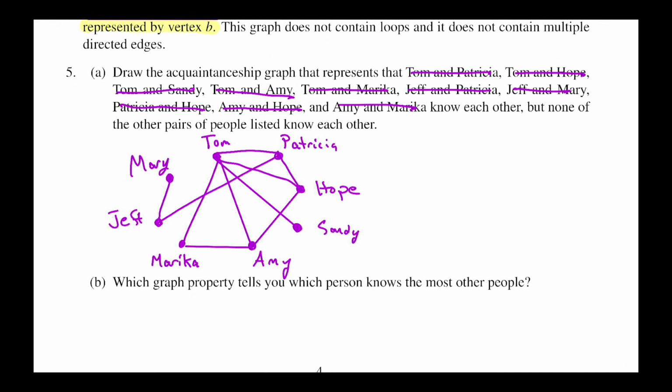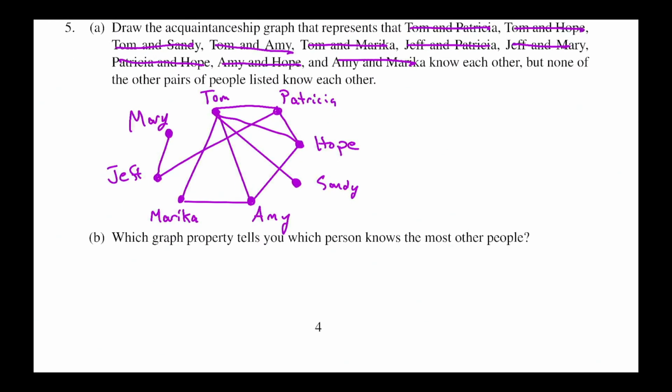So which graph property tells you which person knows the most people? The only properties we know about now are number of vertices. That doesn't tell you who knows people. Number of edges. That's the total number of edges for the graph. That doesn't tell you anything about who knows the most people. And degree. Degree is how many edges for each vertex. And so that does tell you who knows the most people, right?